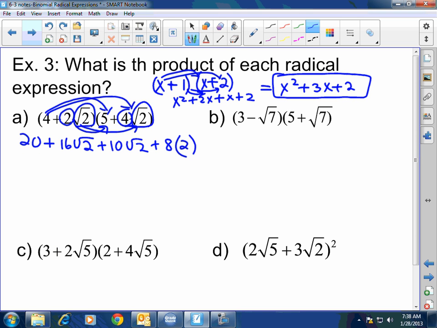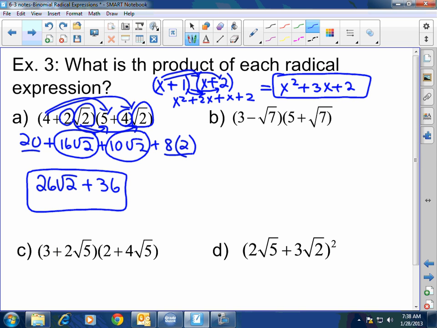So now I have 20 plus 16, and I have 16 square root of 2 and 10 square root of 2. Add like terms. 26 square root of 2 plus 36. You're done. Let's do another one. 3 times 5 is 15 plus 3 times the square root of 7 minus 5 times the square root of 7 minus 7.